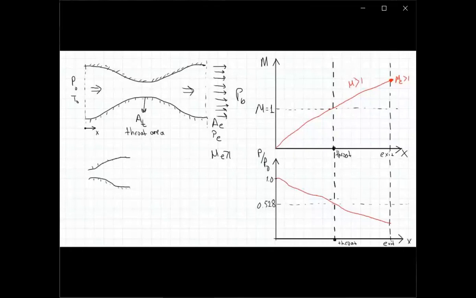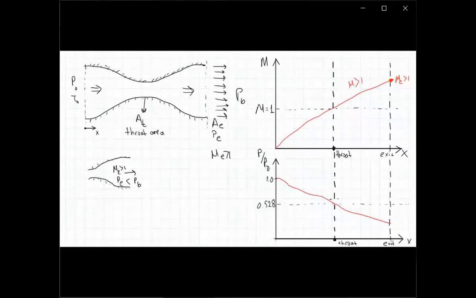In this scenario, we have a supersonic jet exiting our nozzle, so M exit is greater than 1, and P exit of this jet is lower than the back pressure.